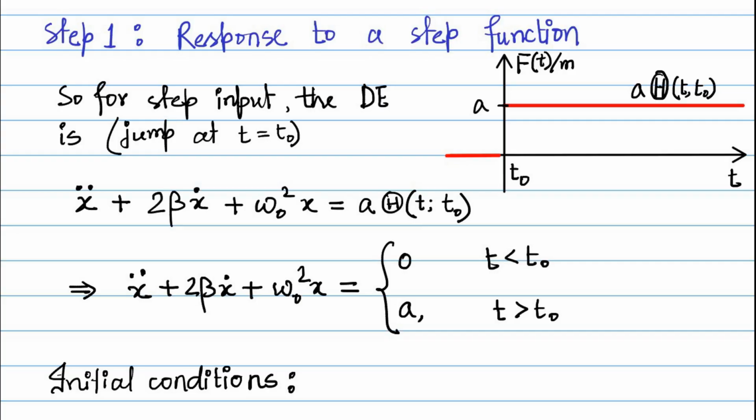This time we choose t naught. So the position at t naught is going to be 0, and also the velocity at t naught is also 0.